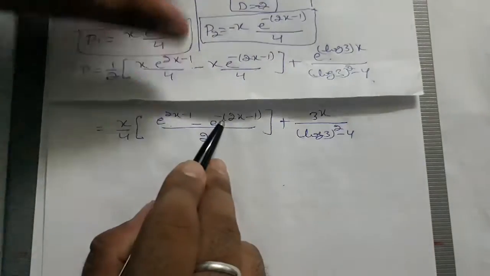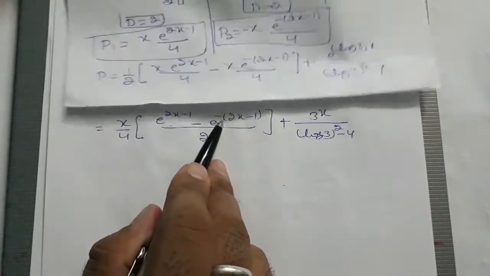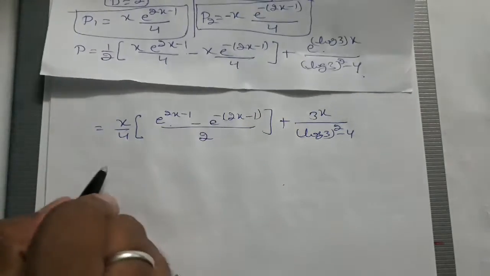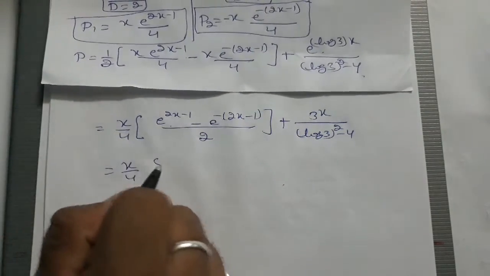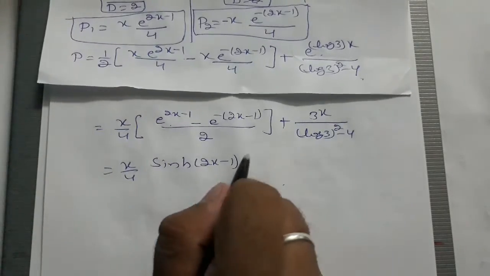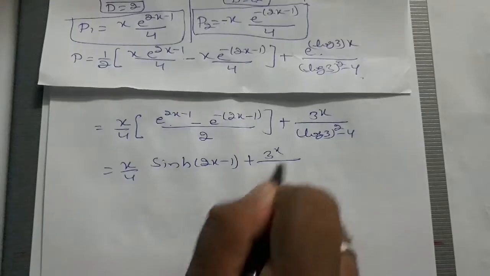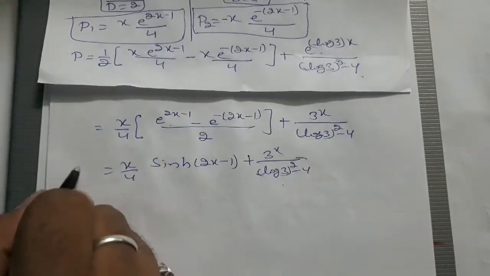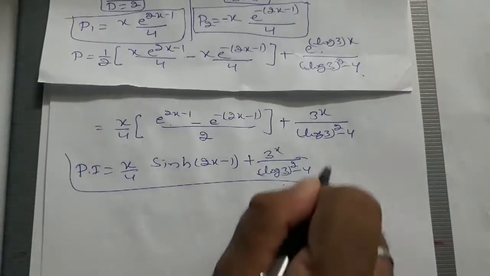This is nothing but the sine hyperbolic formula, correct or not? x by 4, can I write this one as sine hyperbolic of 2x minus 1, plus 3 to the power of x divided by log of 3 the whole square minus 4. This is the particular integral.